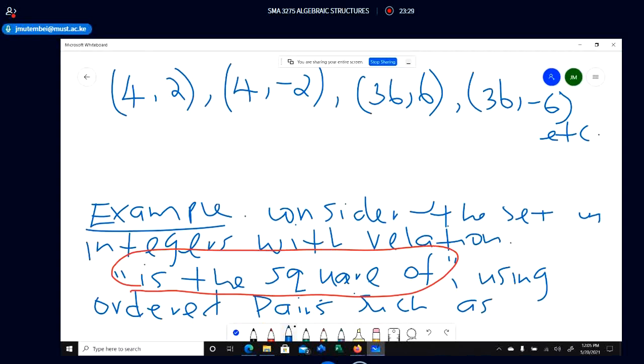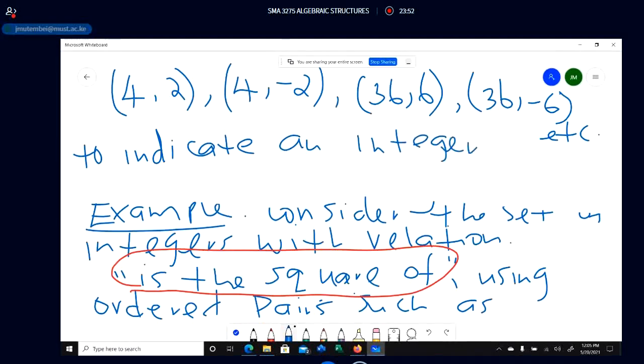So the relation is the square of. So the first number is the square of the second one. So we can have this to indicate an integer and its square.